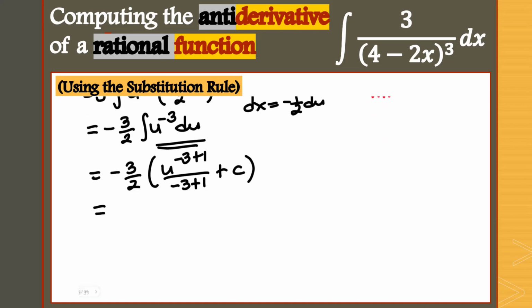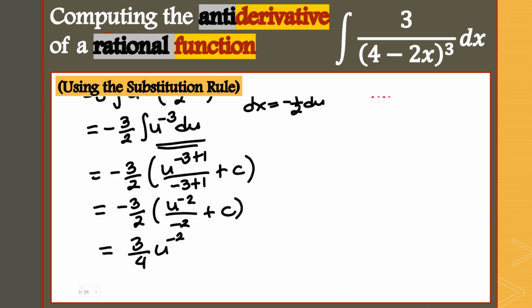So we will have negative 3/2 times u to the power of negative 2 over negative 2, plus c. Multiplying the constants, negative times negative gives positive, so you have 3/4 u to the power of negative 2 plus c, since c is an arbitrary constant.